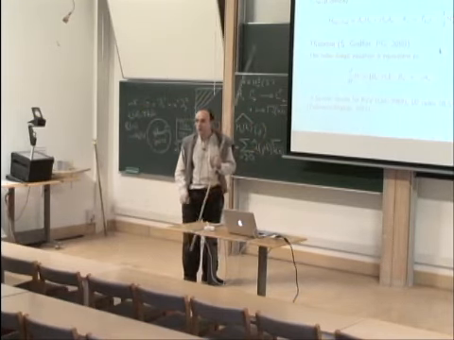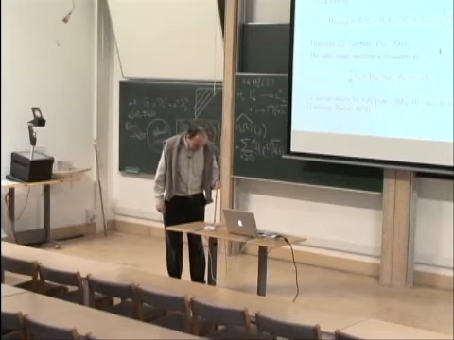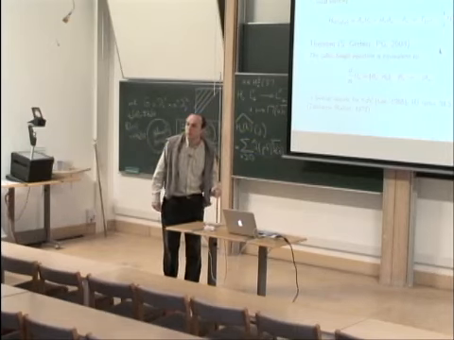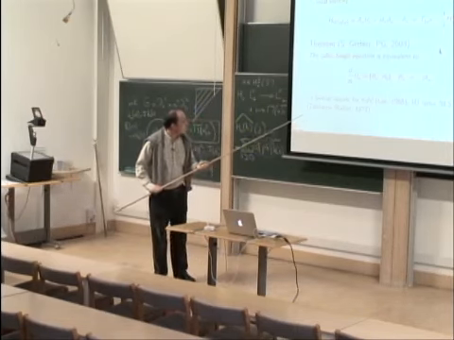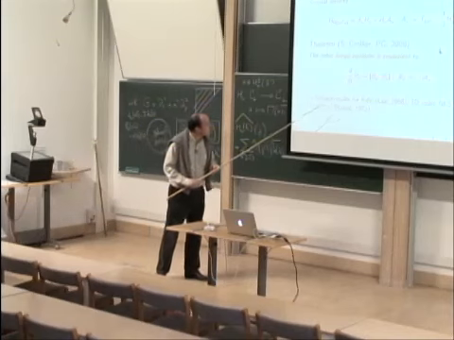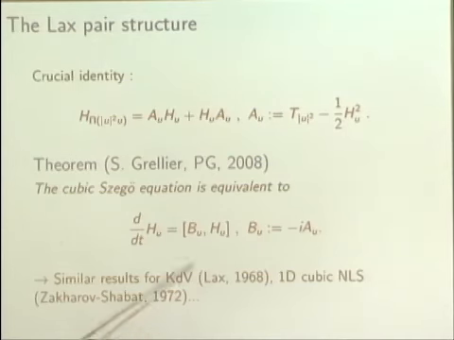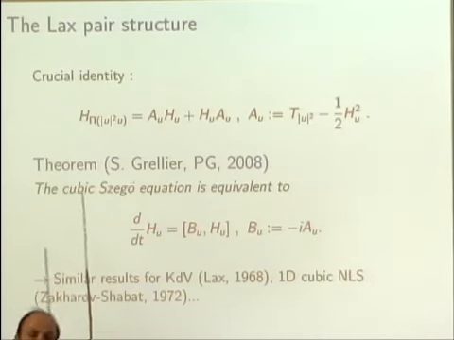And this structure is well known from people who work with completely integrable systems. One of the first occurrences of such structure was in the pioneering paper by Peter Lax in 1968 in CPAM, where he proved that the Korteweg-de Vries equation has the same kind of property, where Hu in that case is just a Schrödinger operator with potential u.